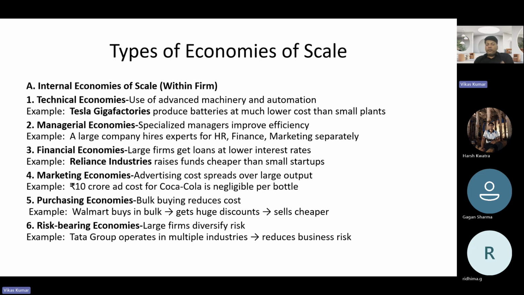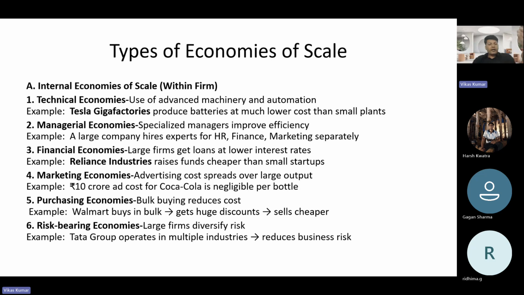Marketing economies, with respect to Coca-Cola: the advertisement cost is spread over a large output. Say Coca-Cola spends around 10 crore. Just to understand, this is only the advertisement cost, not the marketing cost or any cost related to sales.